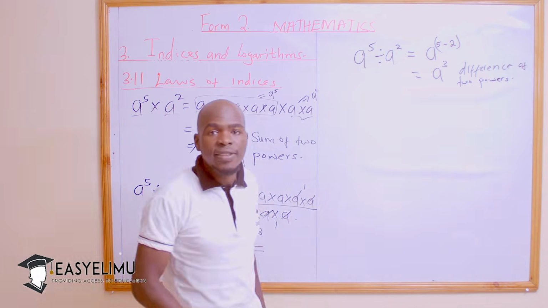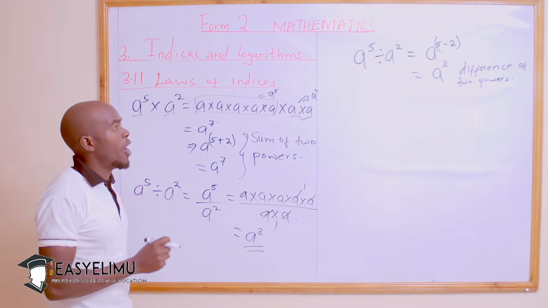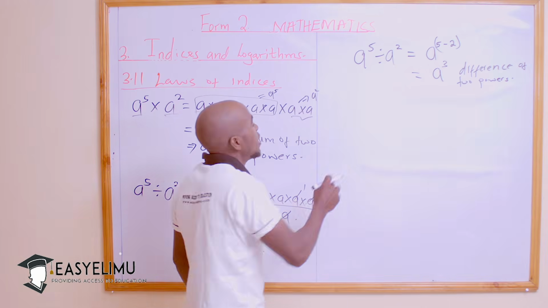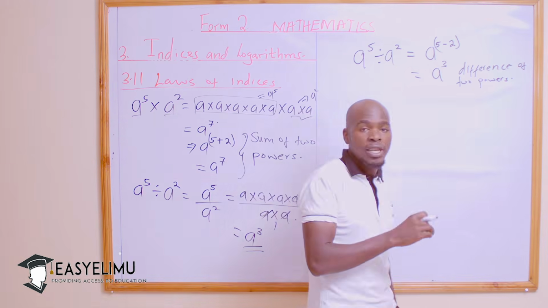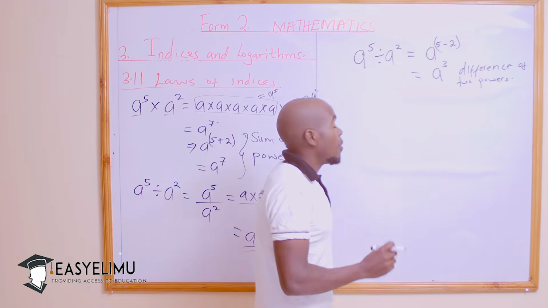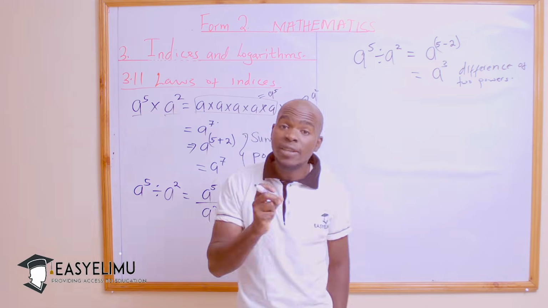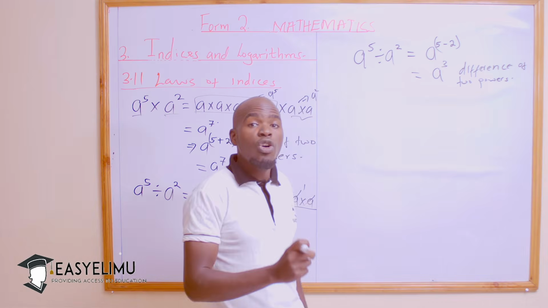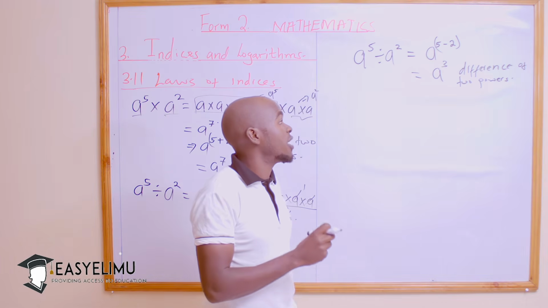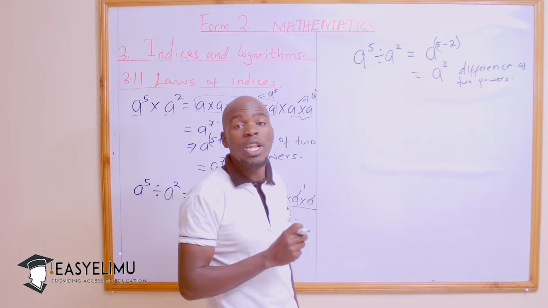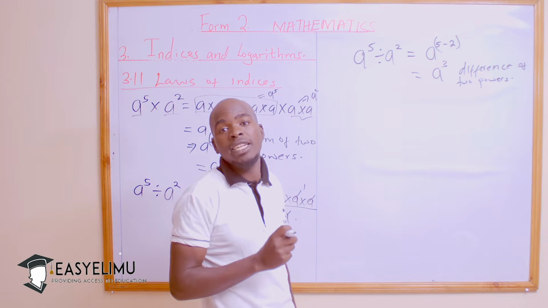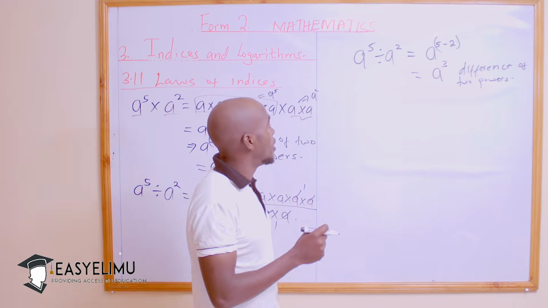That is the difference of two powers, whereby we have dealt with the first power of 5 and that of the square. But sometimes you may have numerous powers with the same bases. You will still do the same, but the difference of the powers will depend on how many items you are dealing with.